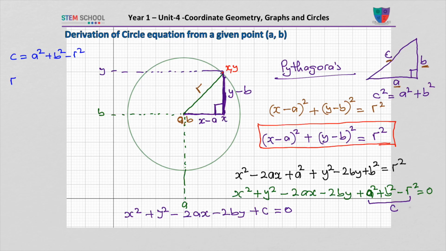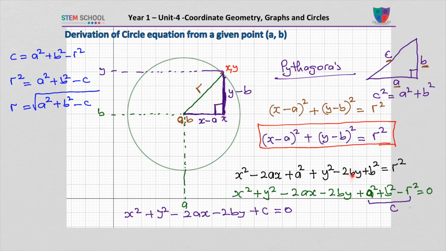Therefore, R squared equals A squared plus B squared minus C, and therefore R is the square root of A squared plus B squared minus C. So this is now the equation of a circle from a given point, AB.